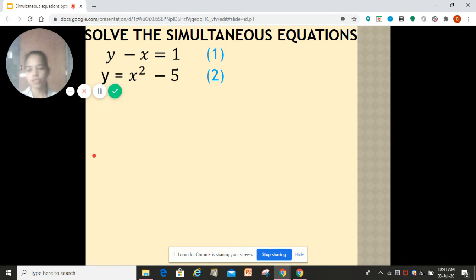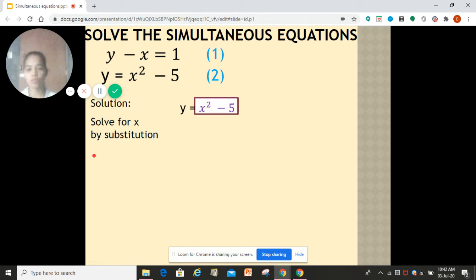So let's start solving. We have to solve for x by substitution. How are we to do it? You will notice that equation 2 is already expressed as y in terms of x. Meaning the variable y is represented by x squared minus 5, so in equation 1 we can replace the variable y by x squared minus 5 and there is no more variable y.